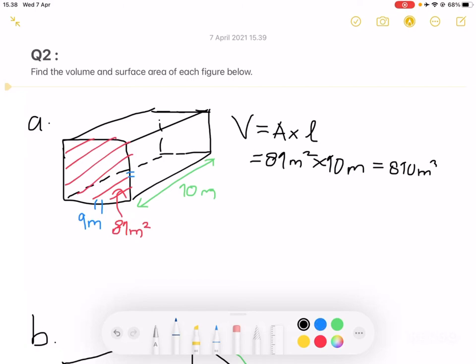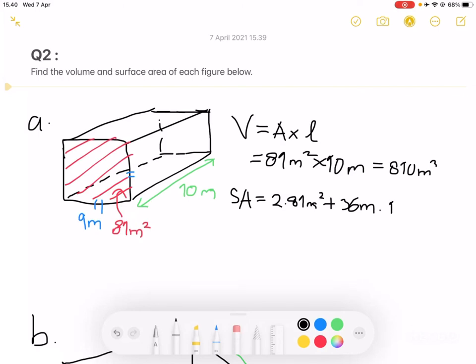And with that in mind, we can just calculate our surface area, which will be 2 times the area of the base of the prism, which will be 81 meters squared, plus the perimeter of the base, which will be the perimeter of a square. And remember that the perimeter of a square is 4 times its side length, which is 4 times 9 meters, which is 36 meters.